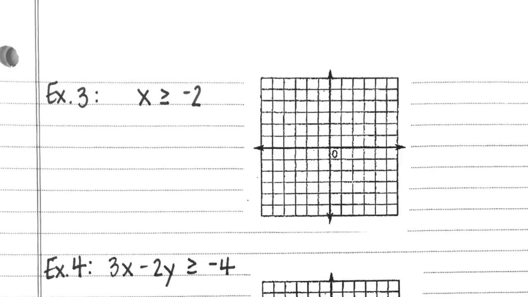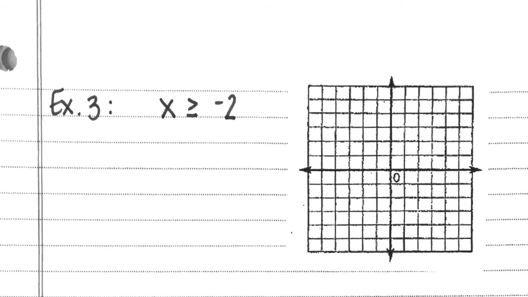All right, moving on. What if I have a VUX? On example 3, I have x is greater than or equal to negative 2. We know this is a VUX, so it's going to be a vertical line, a slope of undefined going through the x at negative 2.